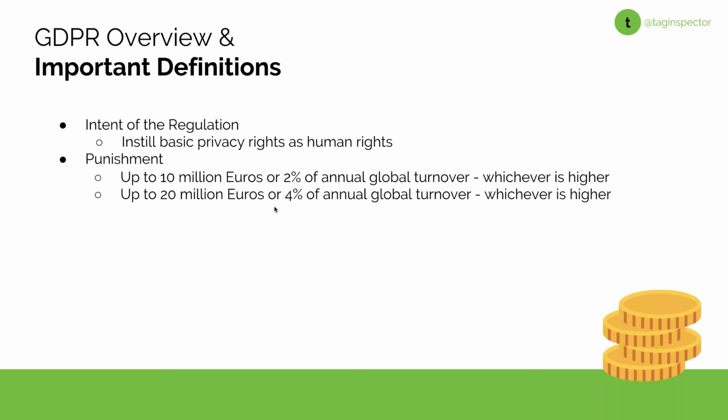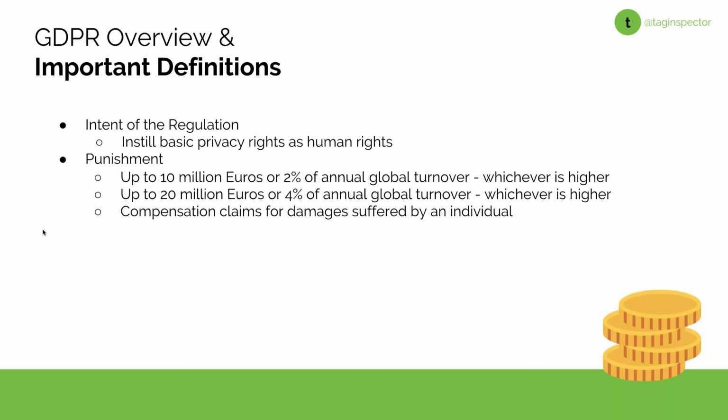So if you are doing unauthorized personal data collection, profiling against people, and then using that for legal harm against them, which we'll cover later on, those are the types of activities that would put you in that second category.